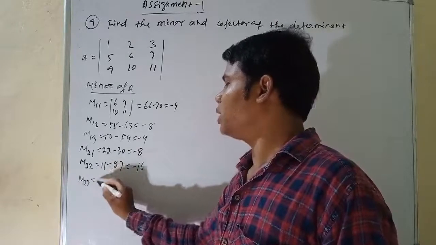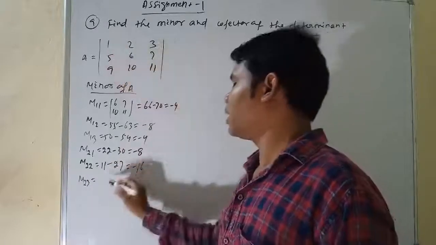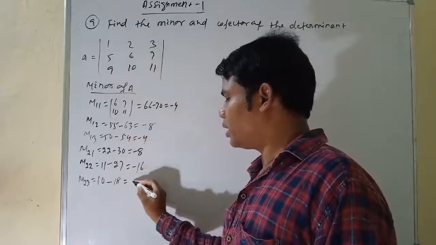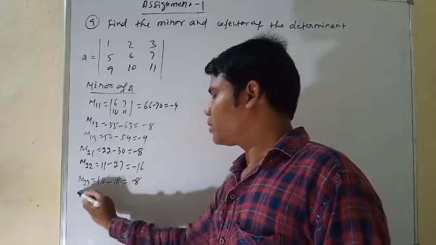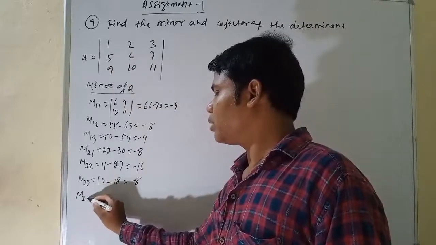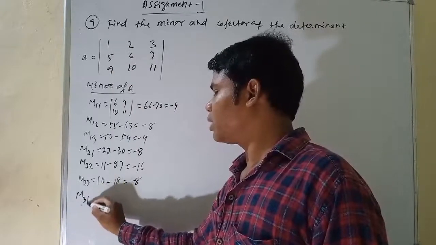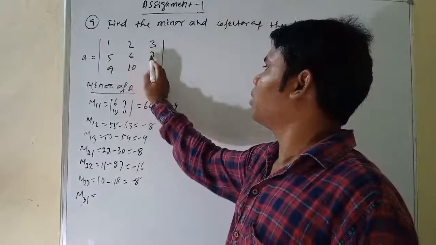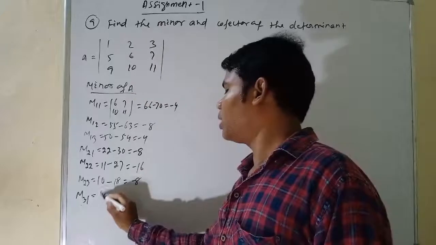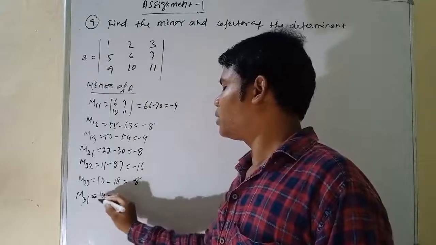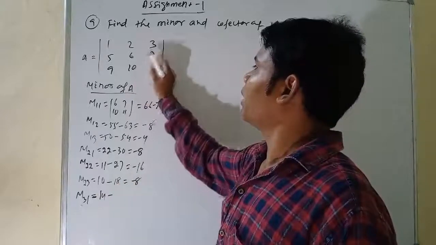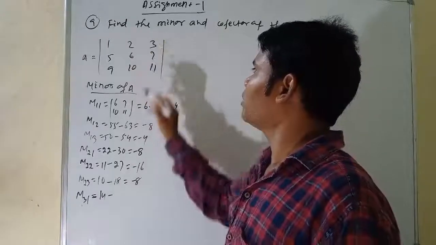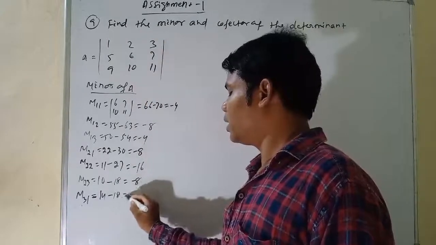M23 is equal to, for this element, 1 into 10, 10, minus 9 into 2, 18, is equal to -8. M31 is equal to, for this element, 2 into 7, 14, minus 6 into 3, 18, is equal to -4.